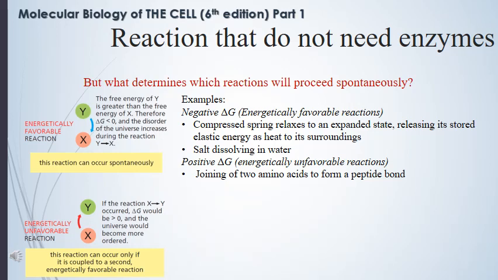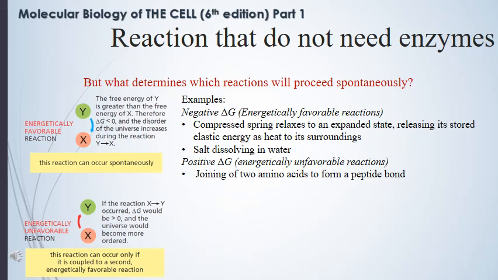We have a compressed spring, and when we release it, it expands, releasing energy. And if there was a pebble in front of it, it would throw the pebble across the room, and in so doing, it releases heat to its surrounding, right?